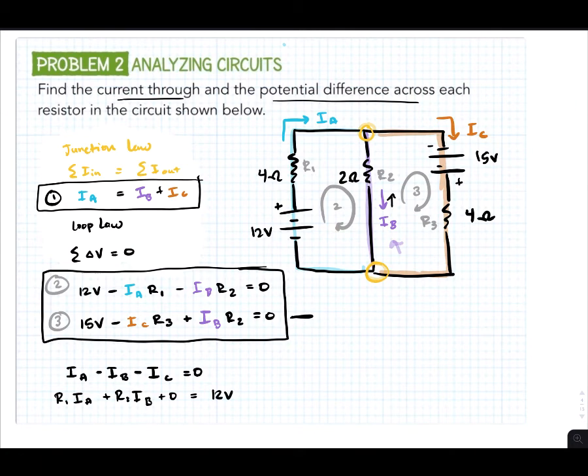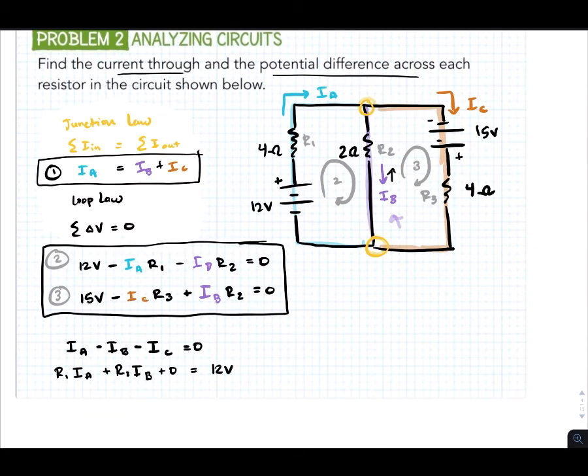And then finally, we'll write this equation as 0 plus, oops, in this case it'll be minus R2 IB plus R3 IC equals 15 volts. And all we've done is rearrange these equations, but I'll show you why.